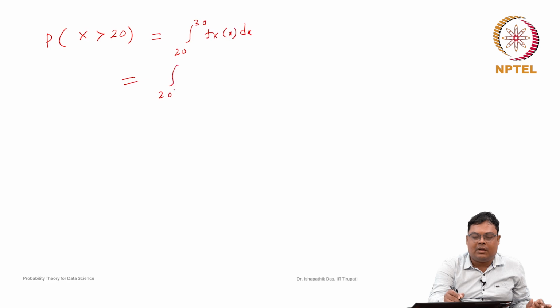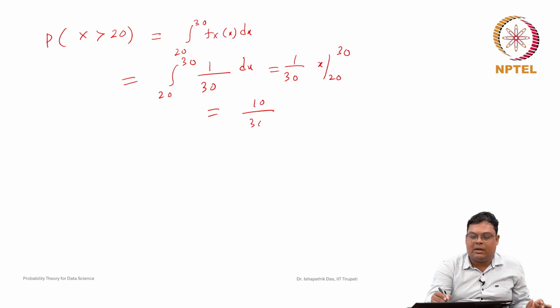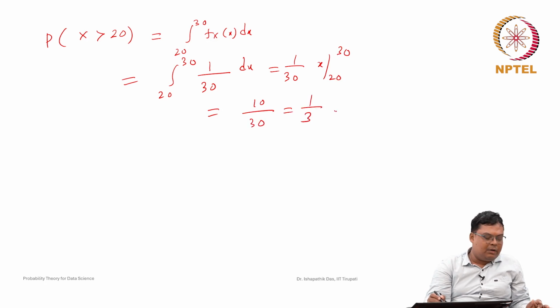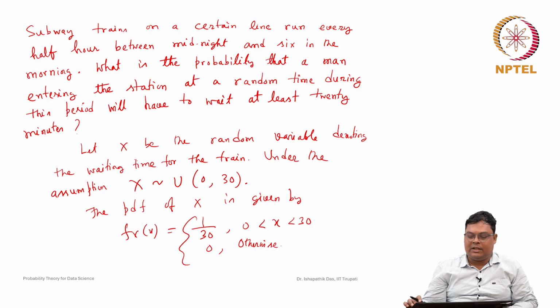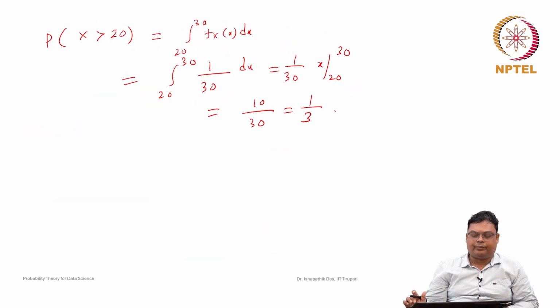This is nothing but the integral from 20 to 30 of 1 by 30 dx, which is 1 by 30 times x with limits 20 to 30. So, this is 10 by 30, which is 1 by 3. That is why the probability that the person has to wait at least 20 minutes for the train is 1 by 3.